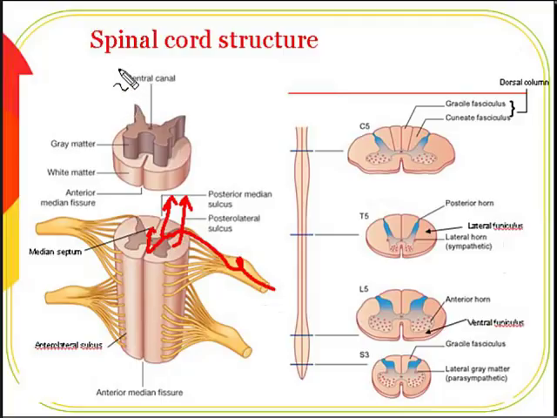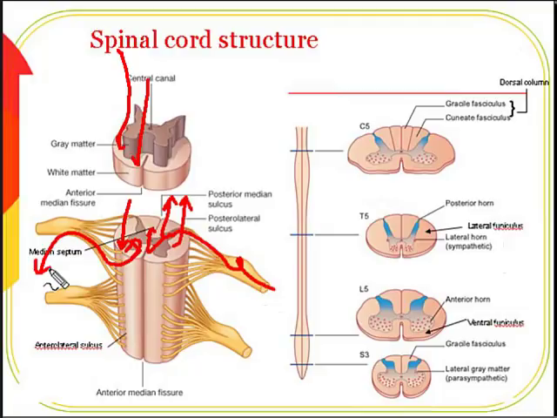So they travel in this white matter. So they are fibers which are coming in a downward fashion, and as they come down, some of these fibers then synapse on the anterior horn cells, and then the anterior horn cells give rise to the final output of motor fibers. So in other words, we'll be doing these tracts a little more in detail, so you'll understand it then.